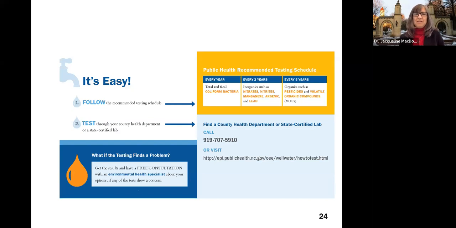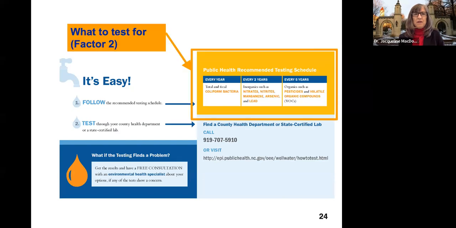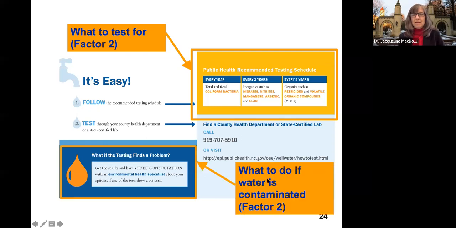People were worried that they didn't know how to do it. Again, that's related to the knowledge and urgency factor, and also they didn't know what to test for. So we tried to allay their concerns by providing information. This is the backside of the postcard, providing information about the recommended testing schedule, and also to address concerns that people had that they wouldn't know what to do if water is contaminated.